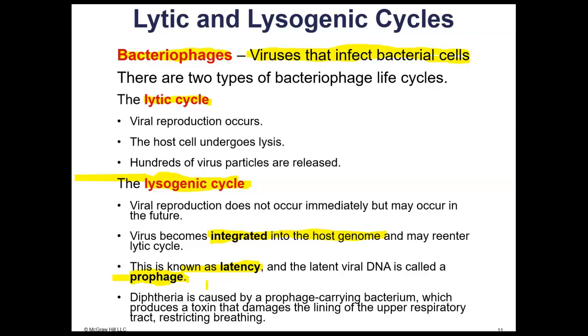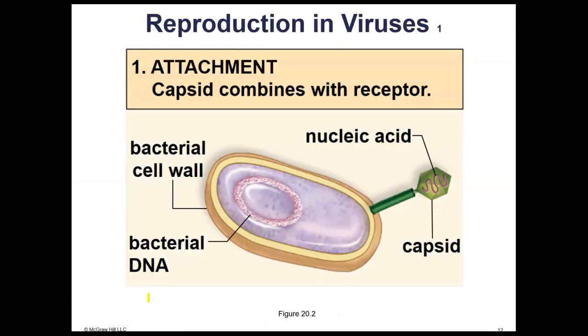So even though diphtheria is a bacterial disease, it is caused by a bacterium that is infected with a virus, with a bacteriophage whose DNA has been incorporated into the bacterium. So that's a very interesting case. The lytic cycle is the active cycle, and the lysogenic cycle is the dormant or latent cycle.